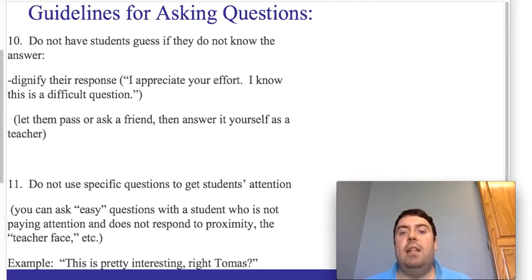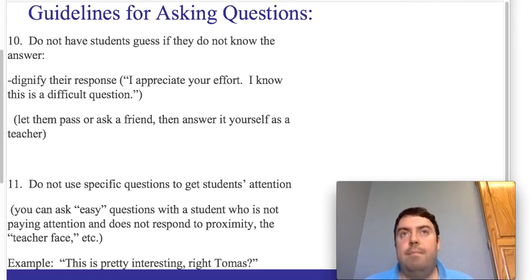That way, not only are you dignifying that student's response by saying, yes, this was a very difficult question, or I appreciate your effort, but also you're not making the student look bad by having another student one-up them in front of the whole class. Another thing is, do not use specific questions just to get students' attention.